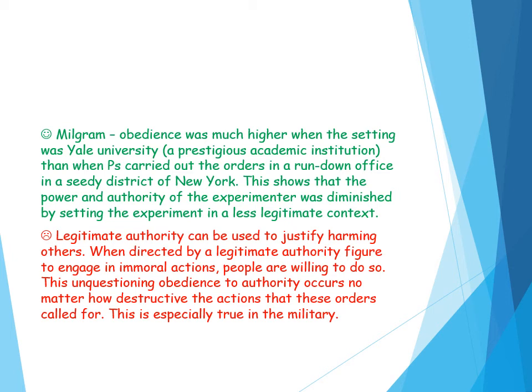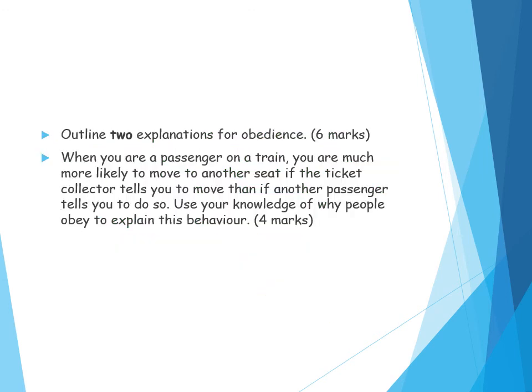So it could actually help legitimize harming others, but we could add a counter argument that it could help explain real life examples of obedience in the military, such as the US Army and the My Lai massacre that took place.